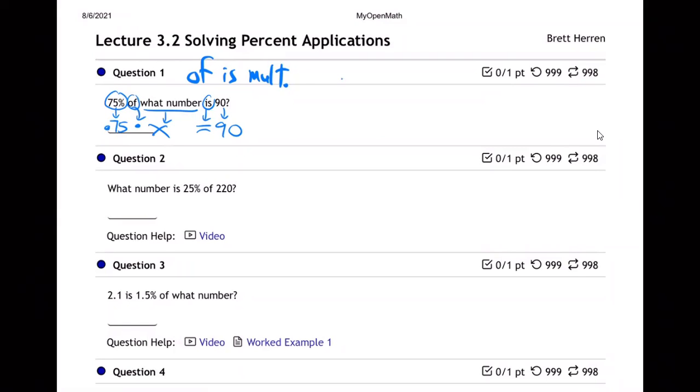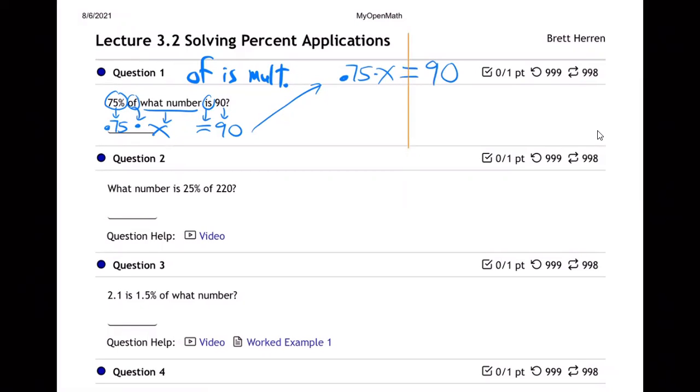Let me bring it right over here. So it's 0.75 times x. You put that dot in there if you want. You don't have to. Equals 90, right? Everybody tracking with me? So I just took those words and I let them directly become an equation.